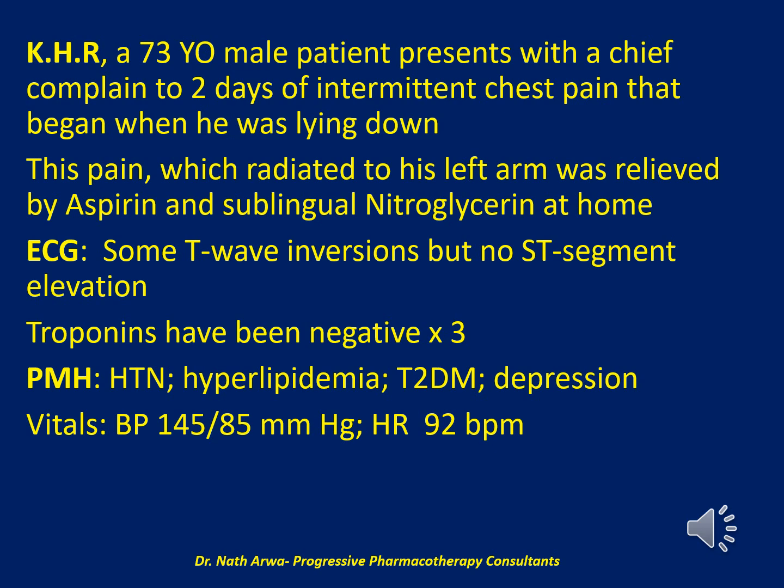His troponins have been negative on 3 occasions. He has a past medical history significant for hypertension, hyperlipidemia, type 2 diabetes mellitus and depression. His vitals include a blood pressure of 145 systolic and 85 diastolic, and a heart rate of 92 beats per minute.